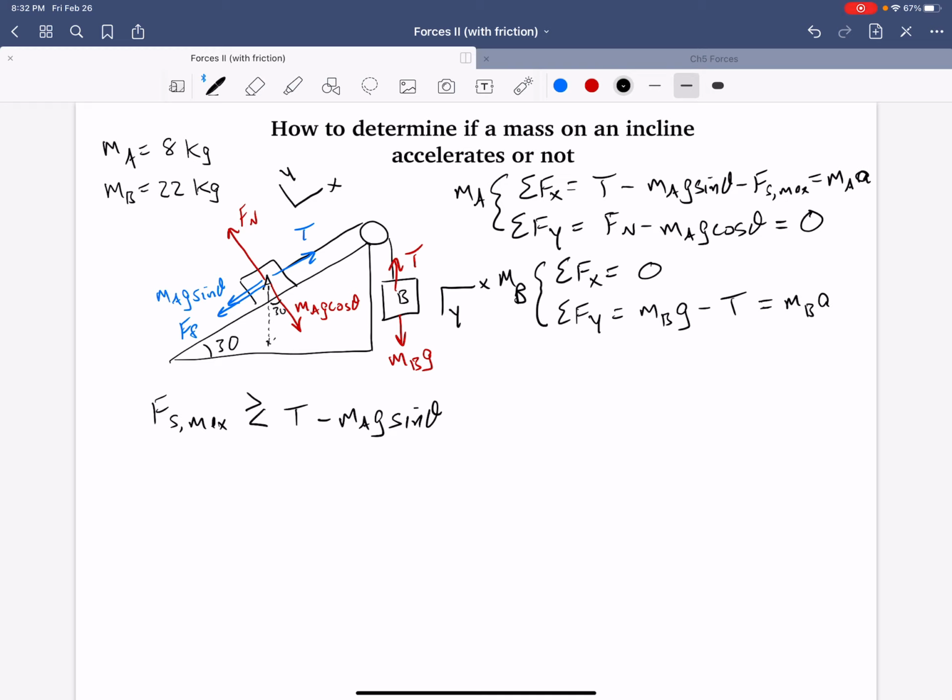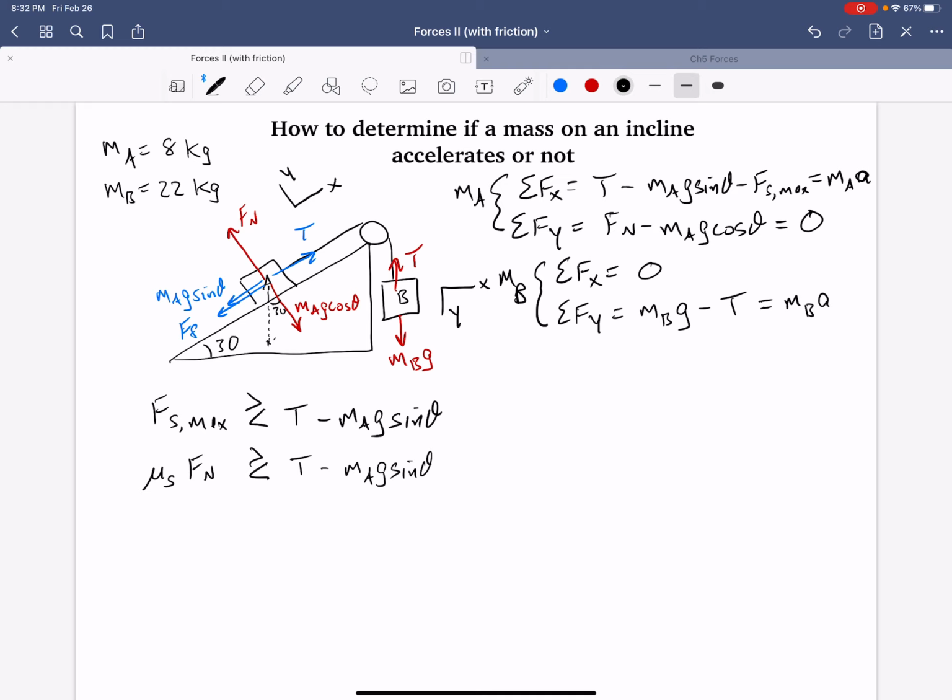So Fs max, remember, has the expression mu s times Fn, the normal force on mass A. And then tension. Do we know tension yet? Interesting. We're not sure. Tension minus ma, that's kind of the same thing. Do we know tension? Can we find a way to get tension?